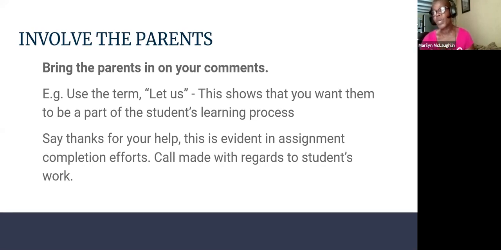There are words that we might use, and we understand what the words are saying, but there are parents who might not understand some of the terms that we use in our professional life. So use words that are at their level, and they understand the meaning of those words.